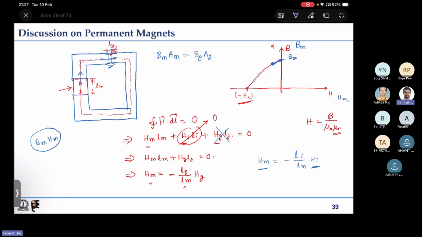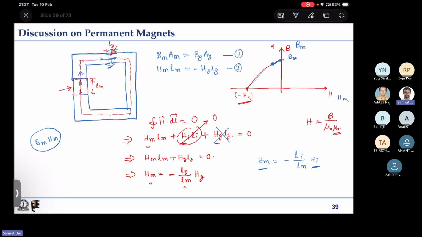This becomes one equation, and the other equation is Hm into Lm equal to minus of Hg into Lg. This becomes our second equation.